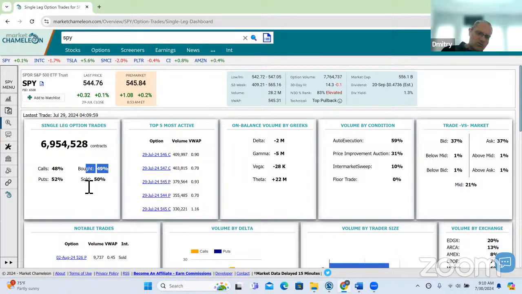Here we also have these interpretations, where we have an algorithm look at how the executions compared to the markets and surrounding data. We try to interpret whether the incoming orders were sell orders or buy orders.